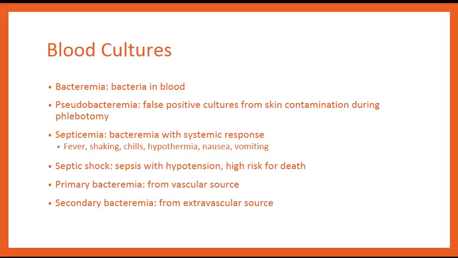Secondary comes from an extravascular source, so this would usually be an infection somewhere else, like an abscess or pyelonephritis. When patients have pyelonephritis, the kidney itself is infected, and in the kidney, that's where our blood goes to be filtered. So the bacteria can get in the bloodstream from going through the kidney where that's infected already.